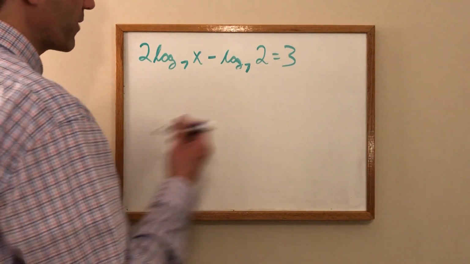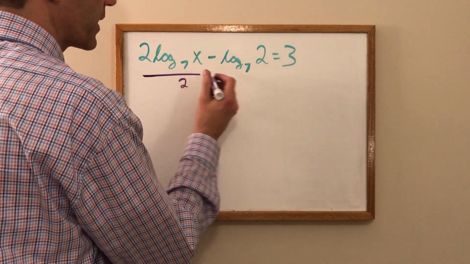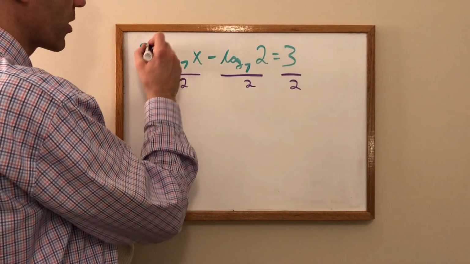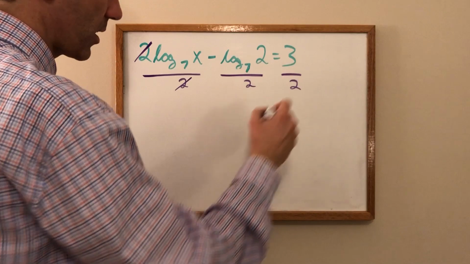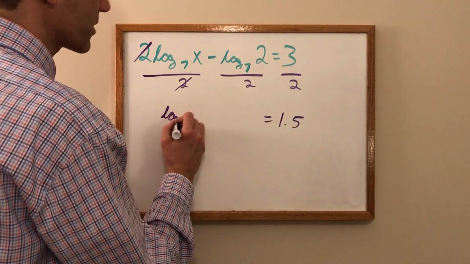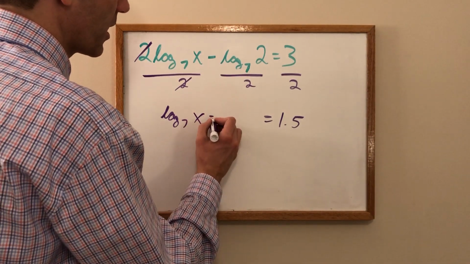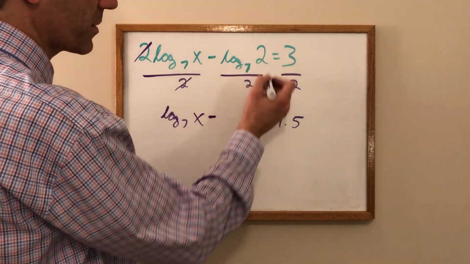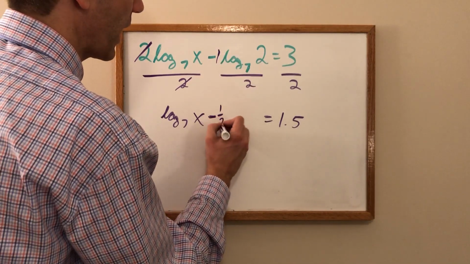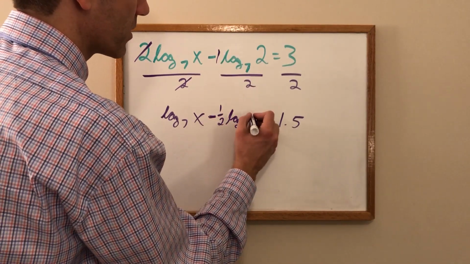If I divide this by 2, then I have to divide this by 2 and this by 2. That's okay here, because that takes us to 1.5. Now, don't cancel these 2's, that's just illegal. I have a 1/2 log base 7 of 2.